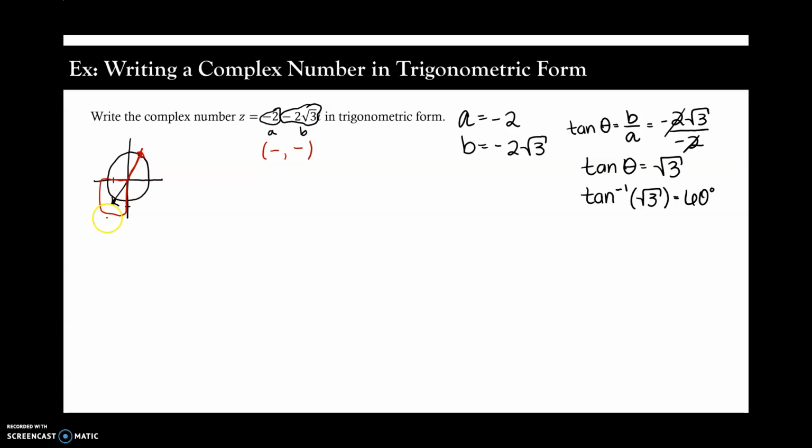So that means I'm going to do 60 degrees plus 180, because it's going to make a straight line across, right? So it's 240 degrees. So that's the angle we're looking for, 240.